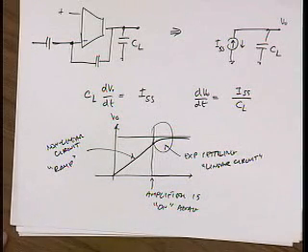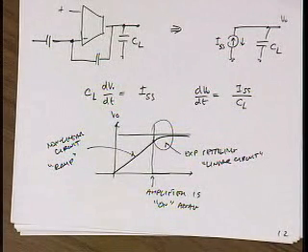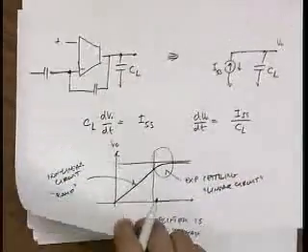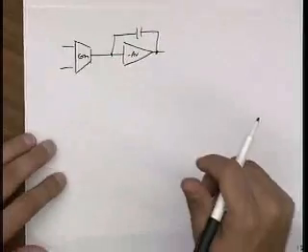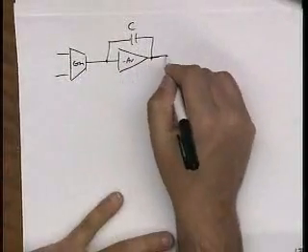Now that's all you need to know about slewing. It's actually very simple. You might say, well, what if you have a more sophisticated amplifier? Let's say you have an output stage. How does that change things? In fact, it doesn't change things much at all.